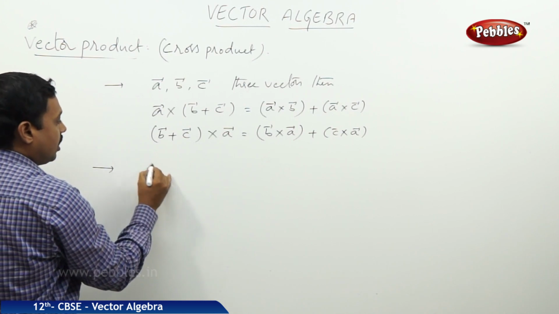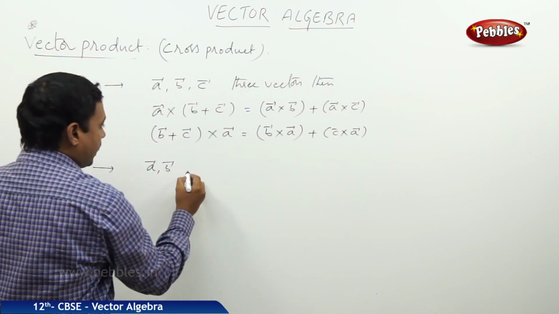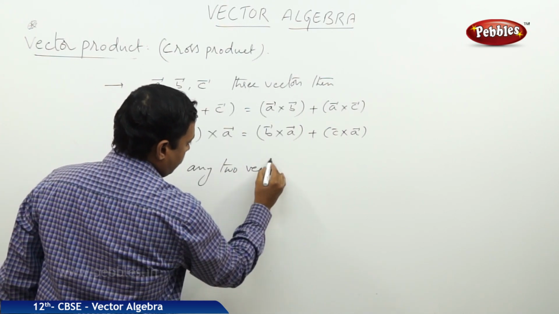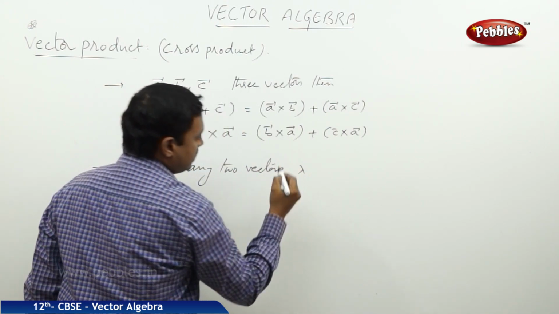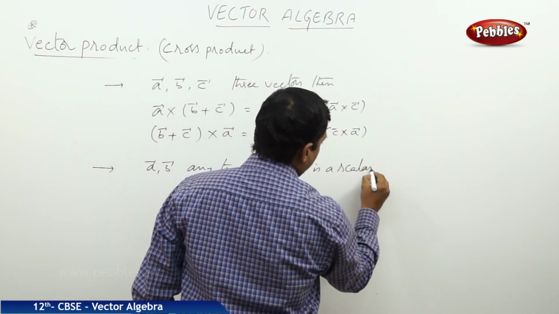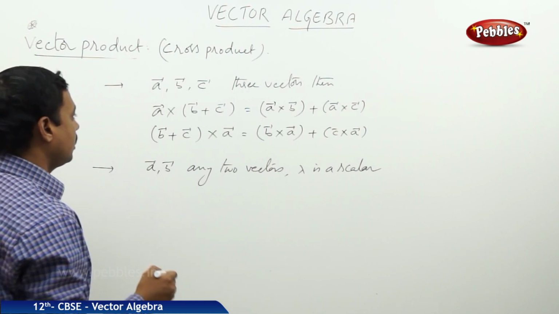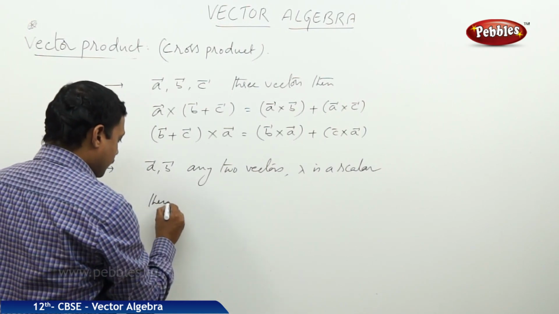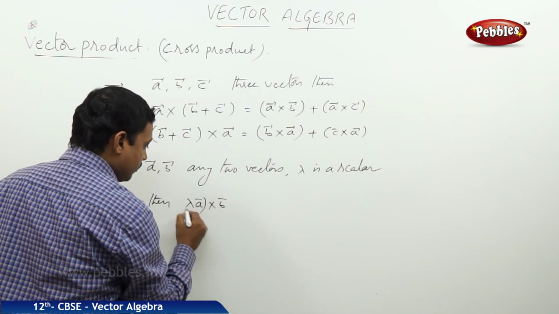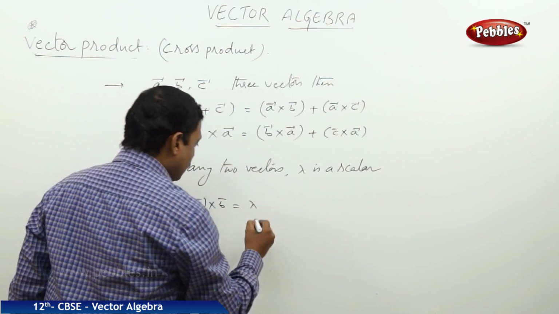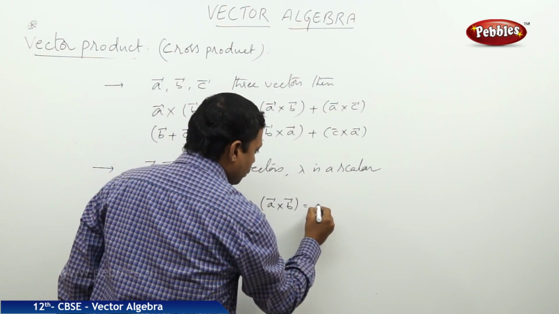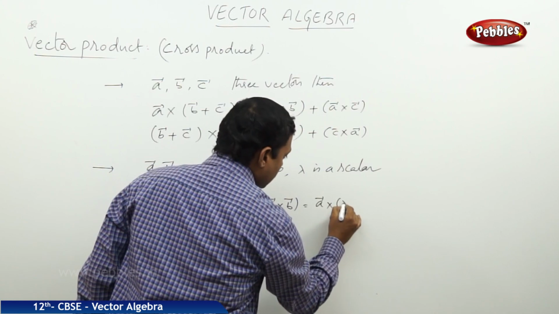Suppose A bar, B bar are any two vectors and lambda is a scalar, then (lambda A) cross B is equal to lambda into (A cross B), that is equal to A cross (lambda B).